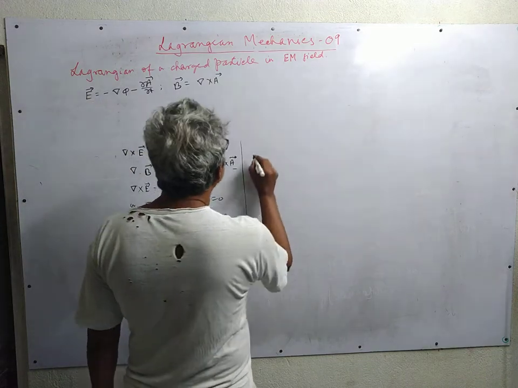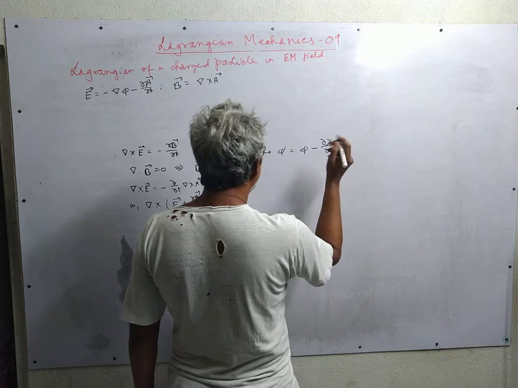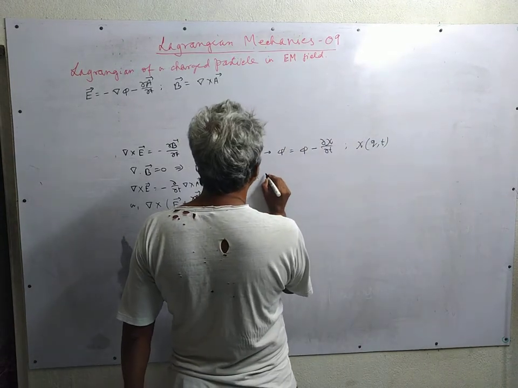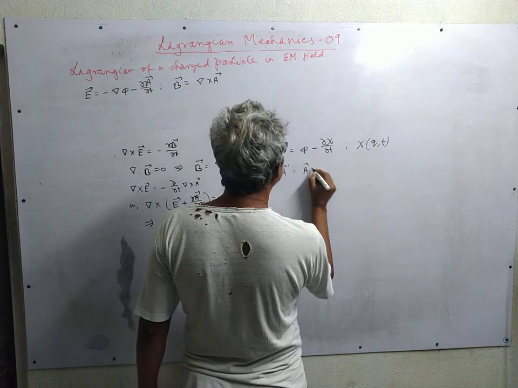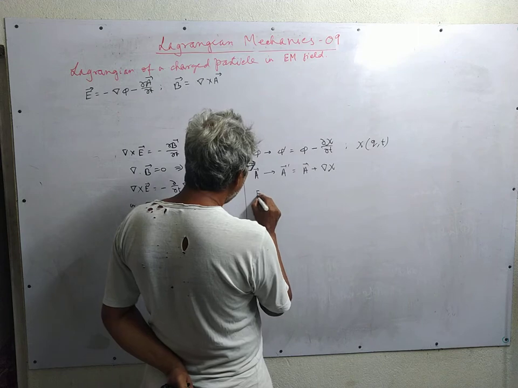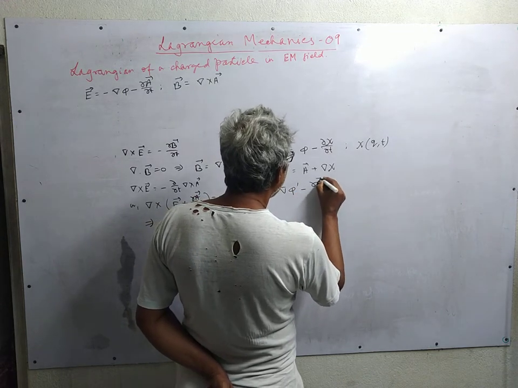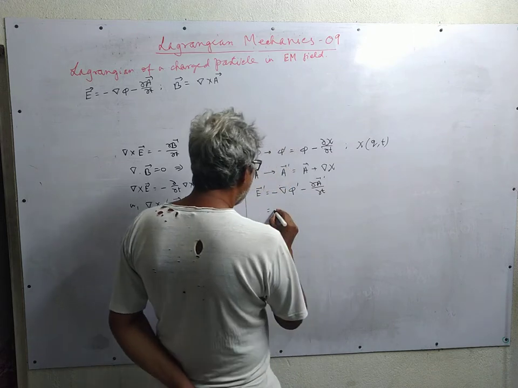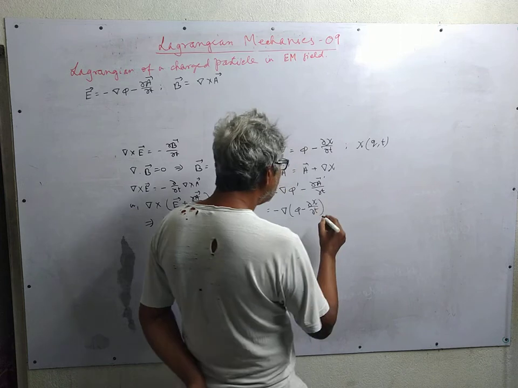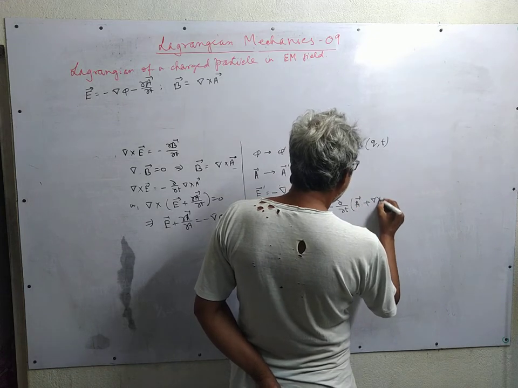The gauge invariance is that if we change phi to phi prime, where phi prime is phi minus ∂chi/∂t, where chi is any function of position and time, and at the same time we change the vector potential A to A prime, where A prime is A plus grad chi, then we find that E prime is equal to minus grad of phi prime minus ∂A prime/∂t, so that this is minus grad of (phi minus ∂chi/∂t) minus ∂/∂t of (A plus grad chi).